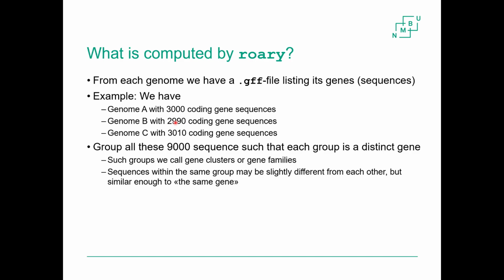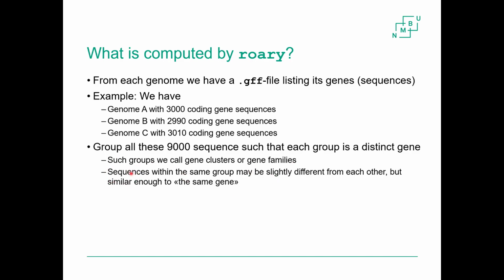But they are similar enough to be the same gene, right? So once we have grouped all the sequences, then we have the number of pan genes, right? The number of genes in the pangenome, that's the number of groups that we get after this grouping. And we call these groups also gene clusters or gene families. They are just synonyms for these groups.